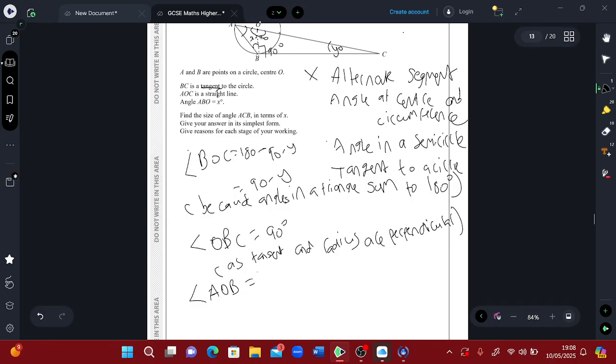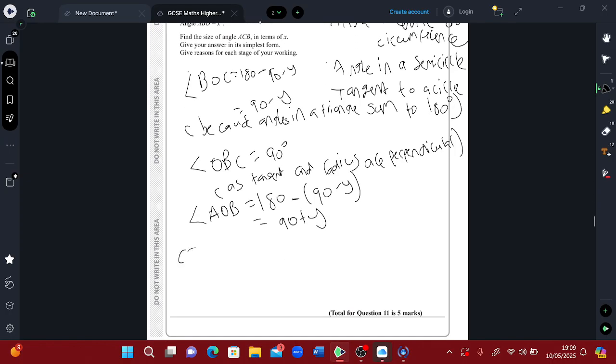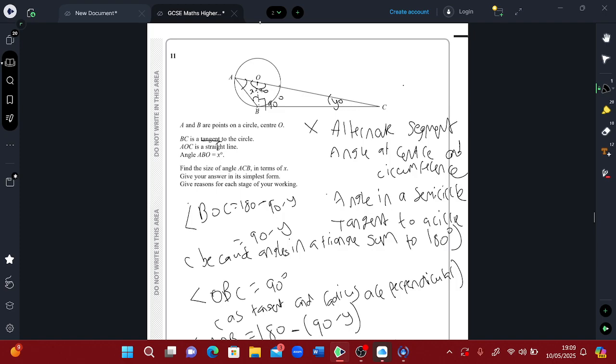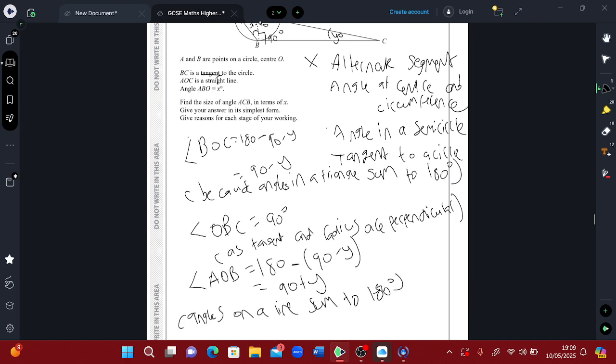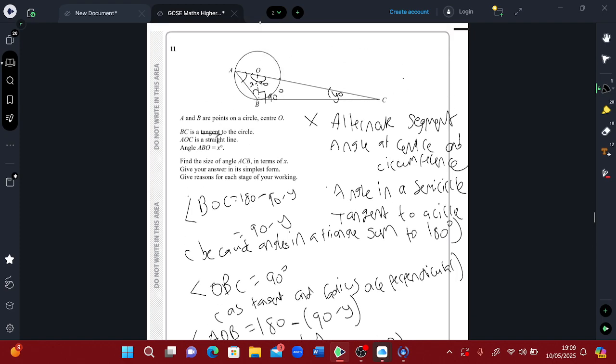Well, again, that's going to be 180 minus angle BOC, which works out to be 90 minus y, which is going to be 90 plus y. And that's because angles on a line sum to 180. Cool. So we worked quite a lot of stuff out here.